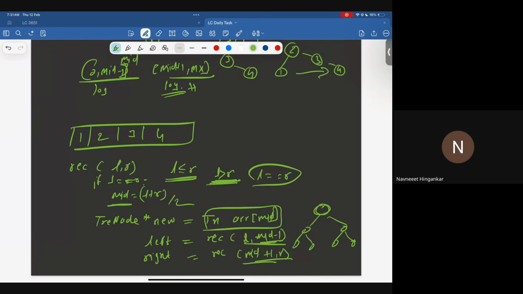But this is the one where I am using extra O of n memory. Let's say I need to solve this in O of 1 space. How will we solve it then?